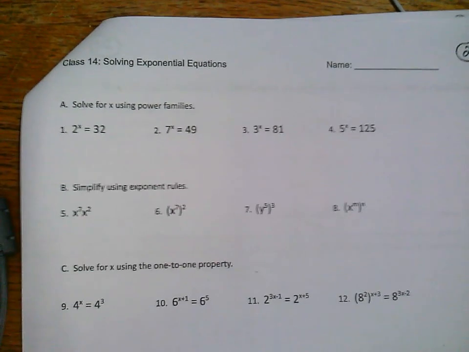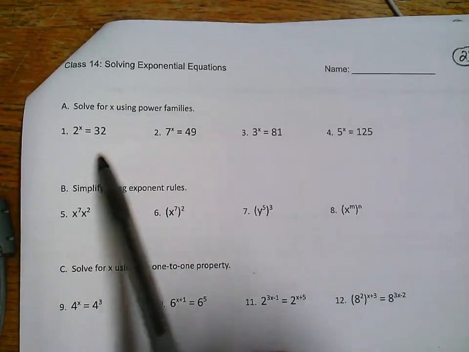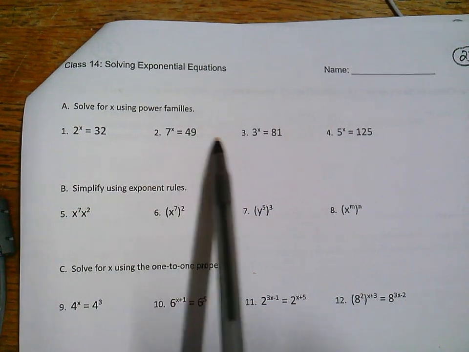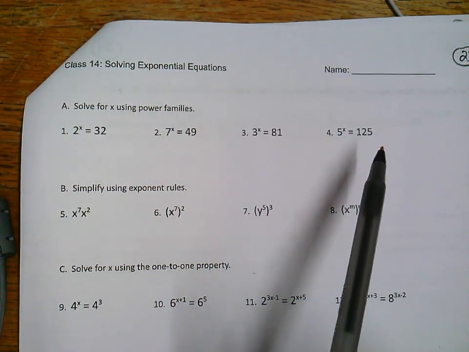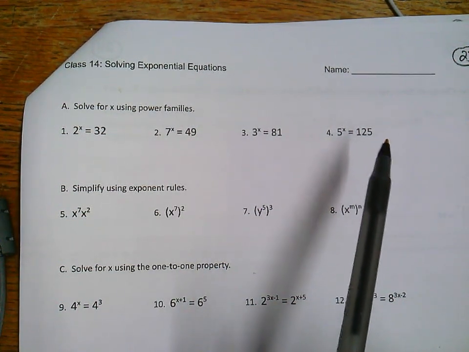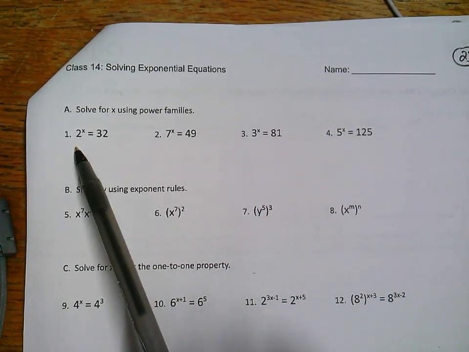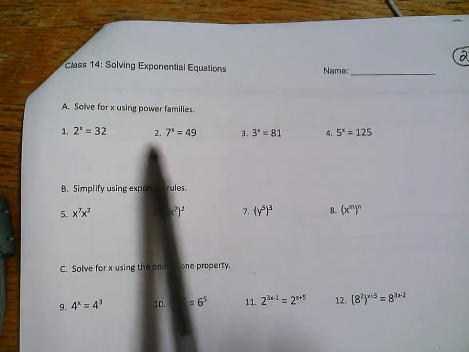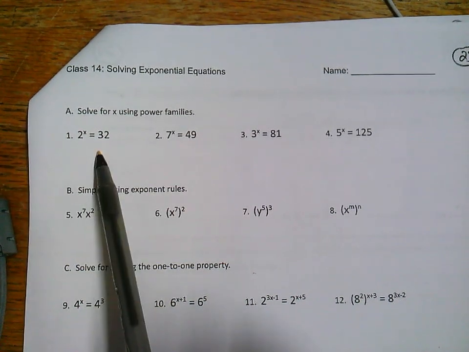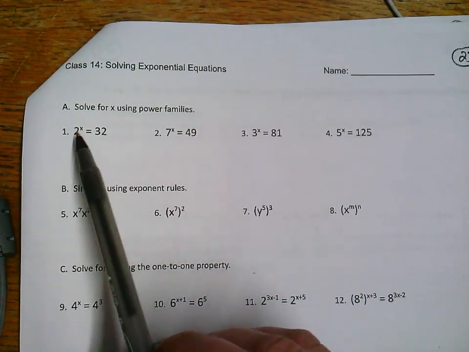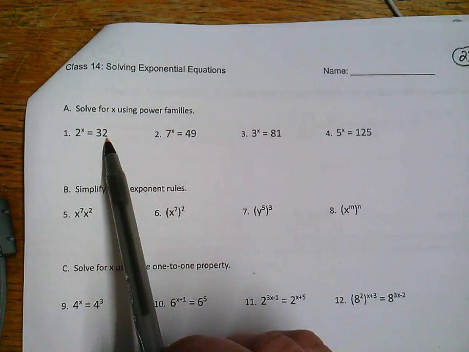All right, so these first few questions we actually talked about way back at the beginning when we talked about that table of powers. So all the powers of 2, all the powers of 7. So you can look back at that table of powers, or you could just think to yourself, 2 to what power will give me 32?